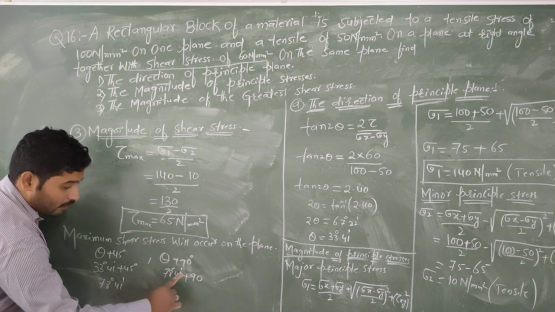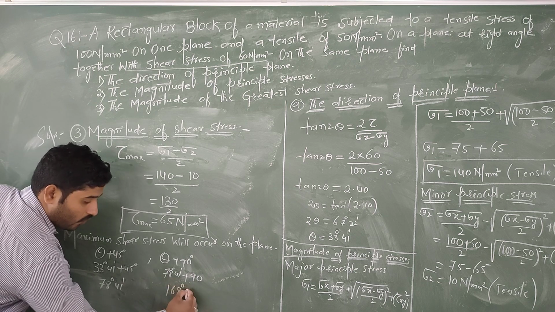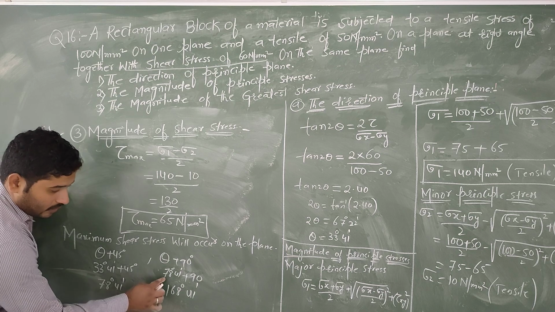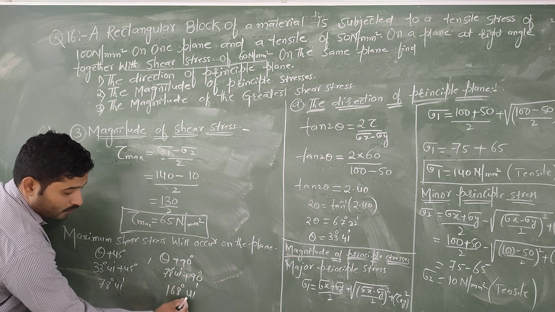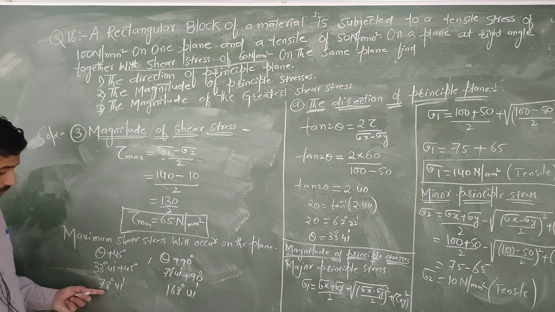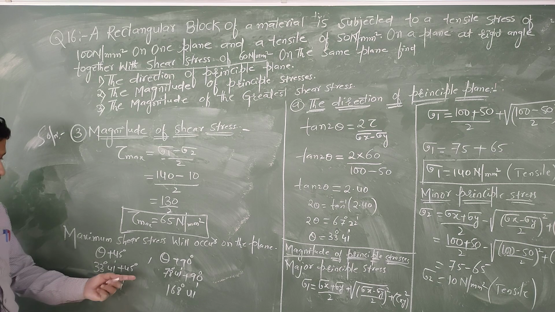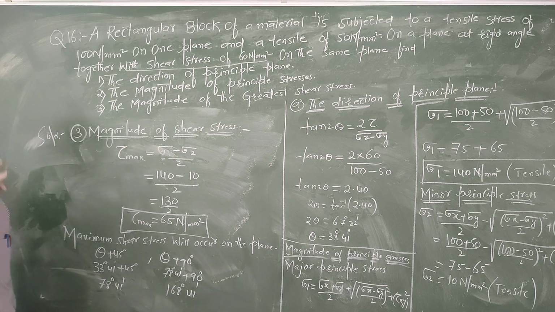Then 78 degree plus 90 gives 168 degree 41 minute. That is your answer. If it is making an angle of 45 degrees, you get 78 degree 41 minute. If it is making 90 degrees, then it should be 168 degree 41 minute.